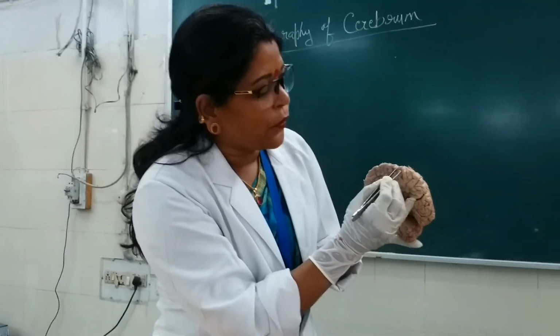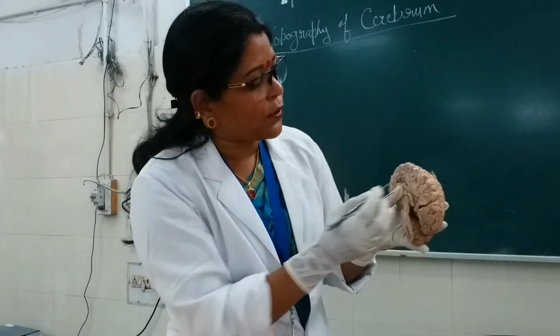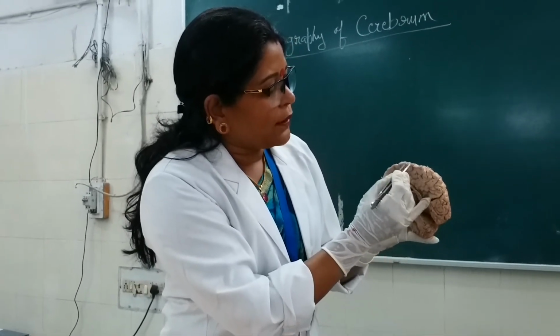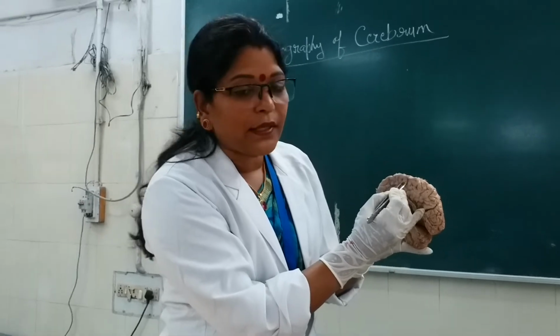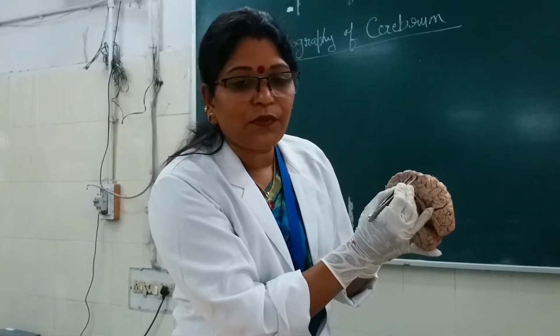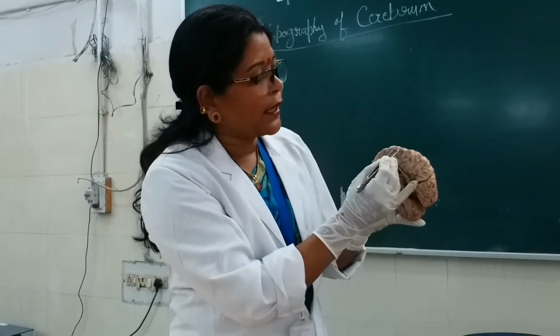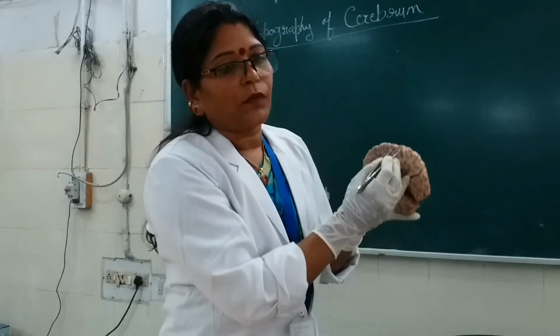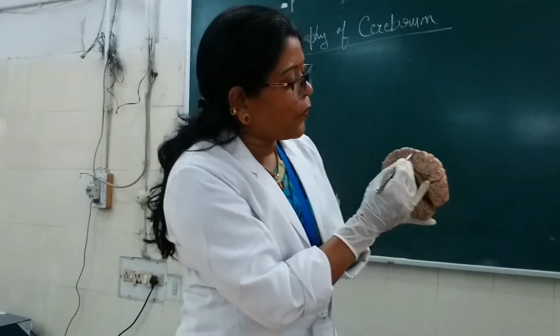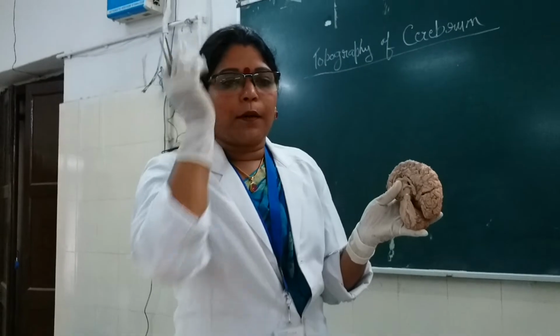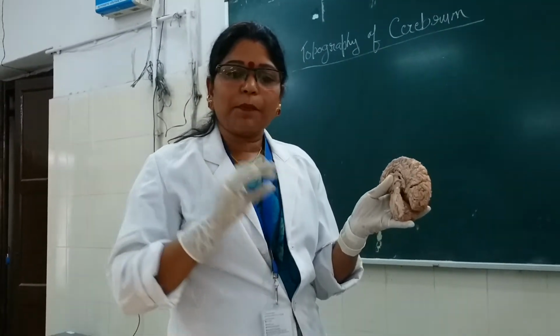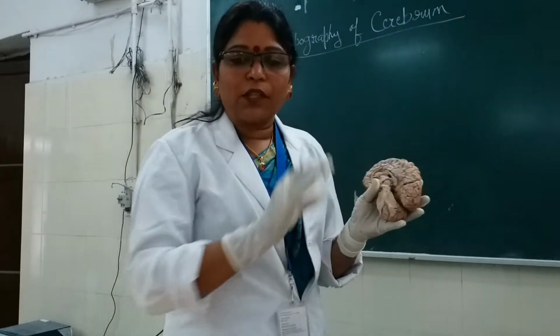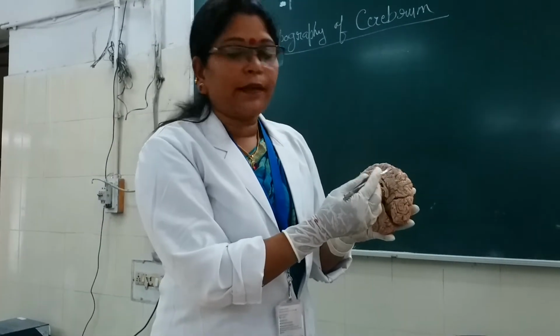As we have discussed in the blood supply also, the paracentral lobule, anterior and posterior, represents the leg, foot as well as the perineal region. The anterior part is motor, and the posterior part is the somatosensory area for the leg, foot and perineal area. This is very important for the objectives and the viva: what part of the body is represented in the paracentral lobule? The leg, foot and the perineal areas.